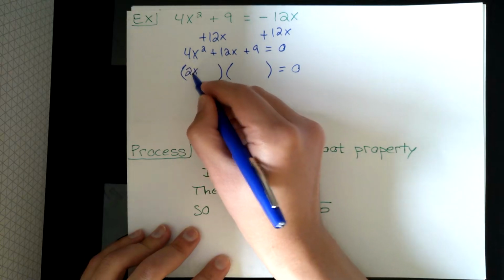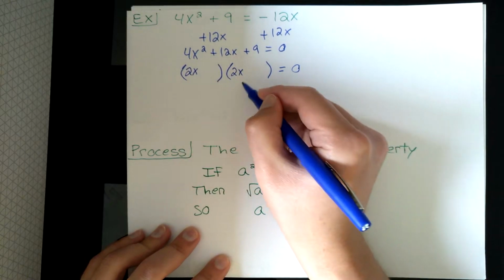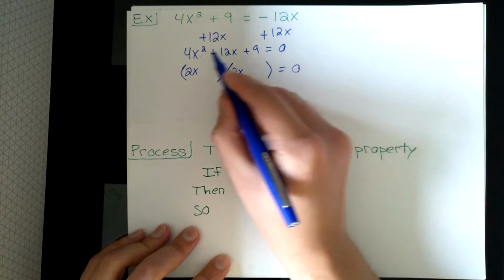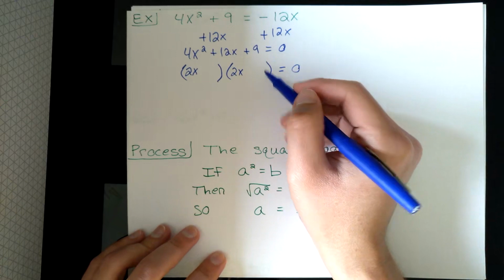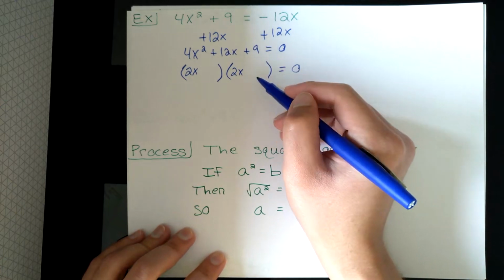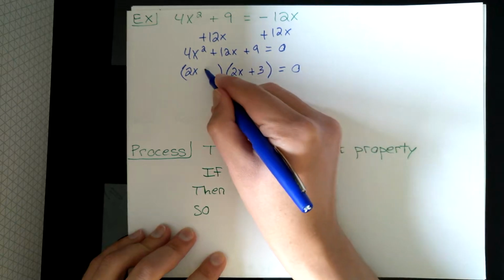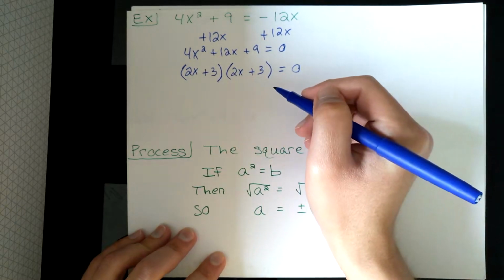We could try 2x and 2x. We could also try 4x and x, but again, this is one of our special cases. We need two numbers that multiply to give us positive 9, so we could try plus 3 and plus 3.